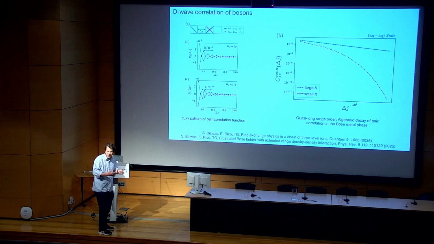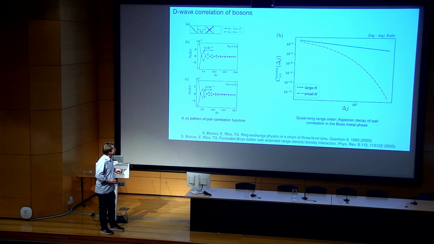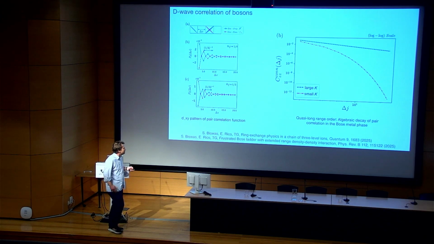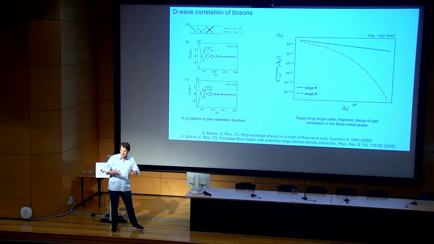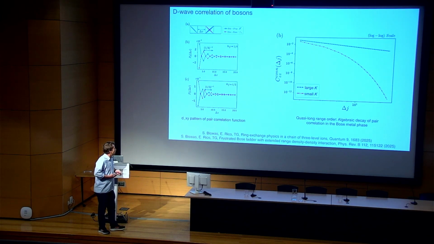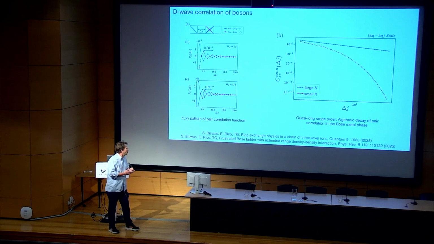So it's really this DXY structure that emerges, and most importantly, in this large ring exchange regime, the decay of this correlation goes algebraically. So we really have quasi long-range order in that system. So it's a D-wave correlated Bose metal phase.